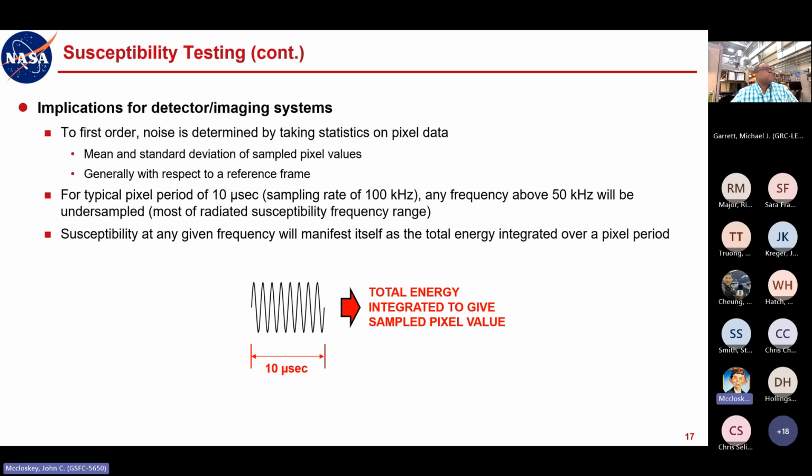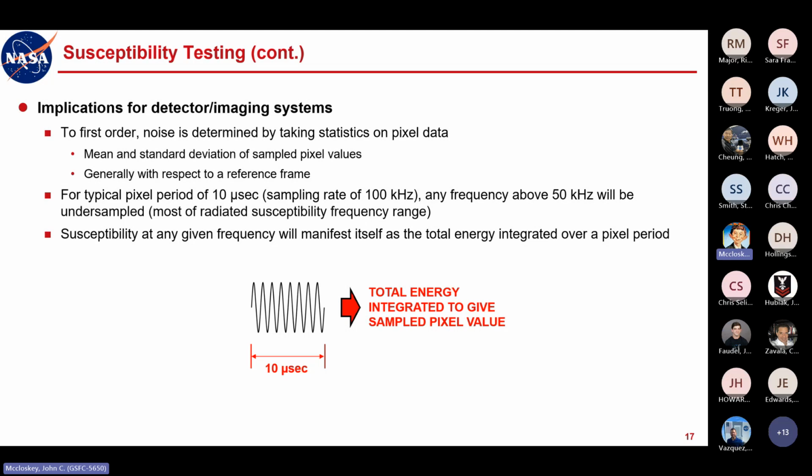For a typical pixel period of 10 microseconds, that's a sampling rate of 100 kilohertz. Any frequency above 50 kilohertz will be undersampled, it'll be aliased. That's most of the radiated susceptibility frequency range, and especially if we start at 200 megahertz, it's all of it. Everything is going to be undersampled and aliased.